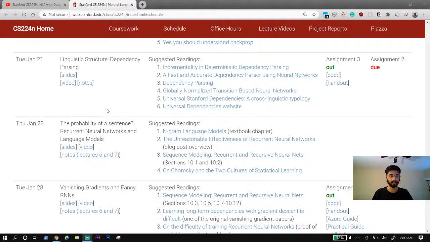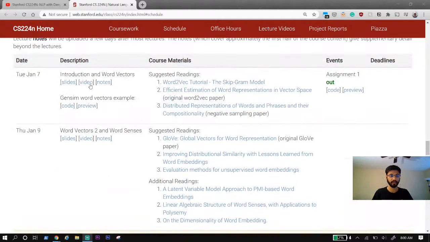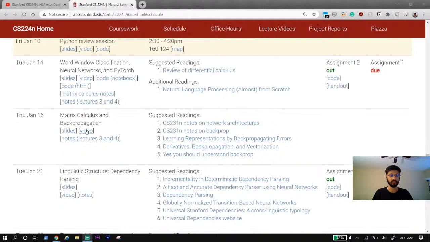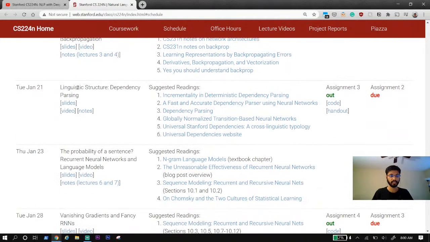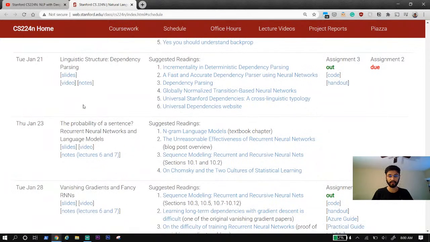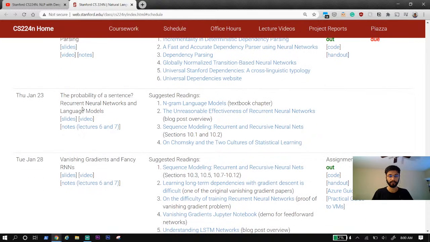So we did lectures 1, 2, 3 and 4. It's lecture 5, yep, we did dependency parsing. There are some slides that we can look at. Probability of a sentence, RNN language models, definitely. Some more notes.